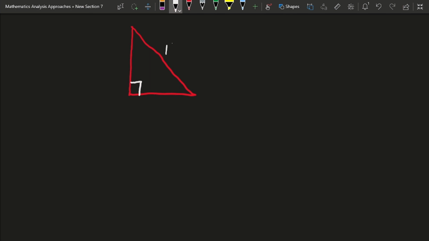This one is called the hypotenuse. And we have the so-called opposite. And the adjacent.